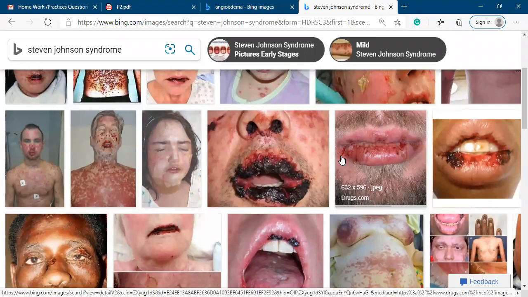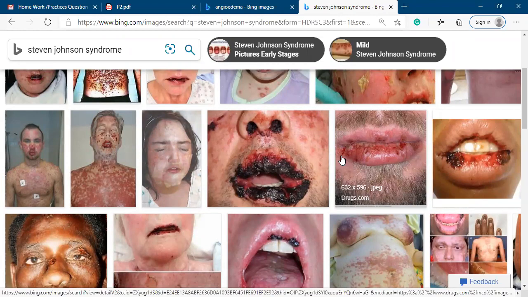Usually several groups of medication can cause Stevens-Johnson syndrome. The drugs that can cause it include anti-gout medication and antihypertensives like angiotensin converting enzyme inhibitors. Anti-gout means allopurinol, the most common drug, we will discuss on another day.